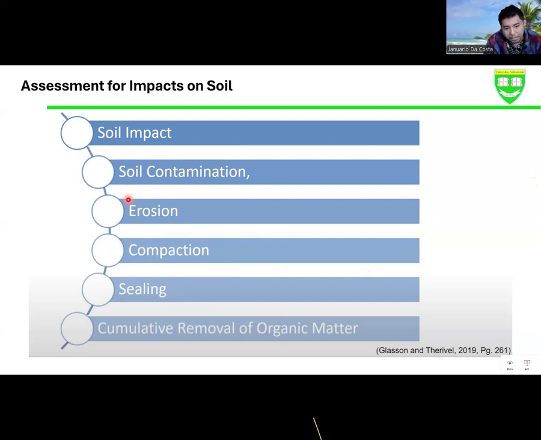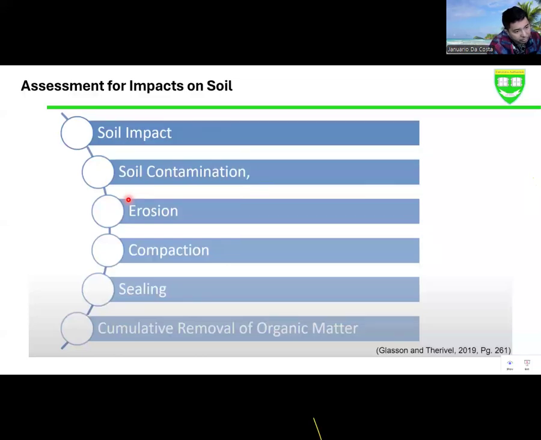What about the compactions or the sealings or cumulative removal of organic matter? For example, if the area has a lot of organic matter, how does the project have overall or cumulative impact on the removal of organic matter in that area? Okay, that's some examples of the assessment for the impacts on the soil.